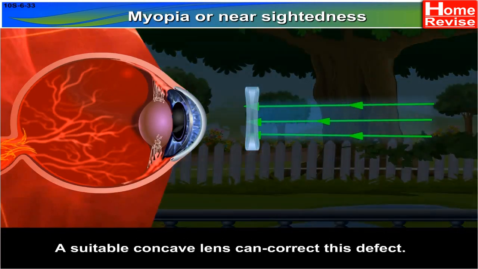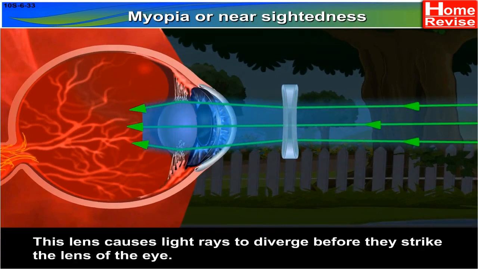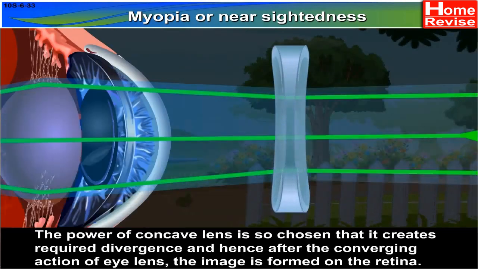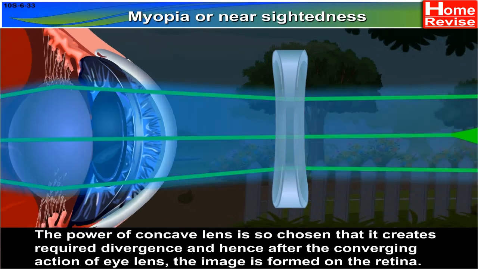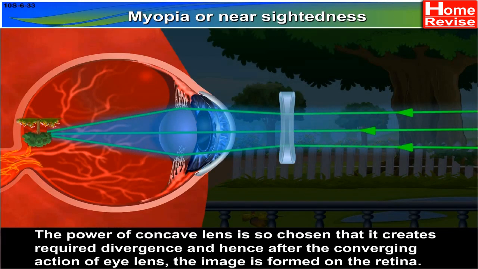A suitable concave lens can correct this defect. This lens causes light rays to diverge before they strike the lens of the eye. The power of concave lens is so chosen that it creates required divergence, and hence, after the converging action of eye lens, the image is formed on the retina.